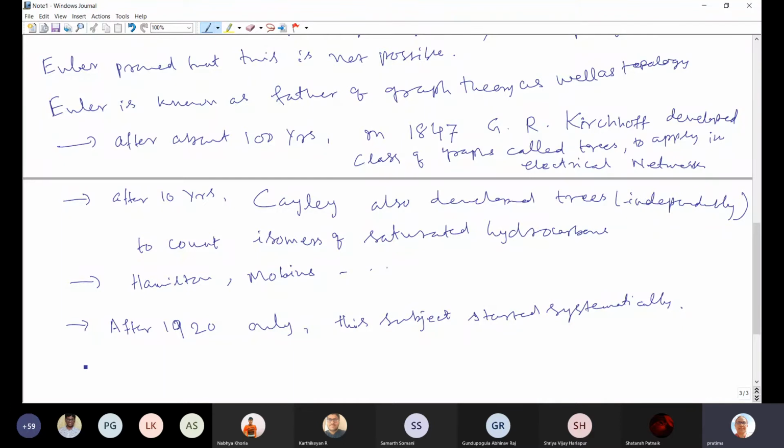In the last 4-5 decades, this subject has developed a lot, because of its application, because of the development of computer science and all.